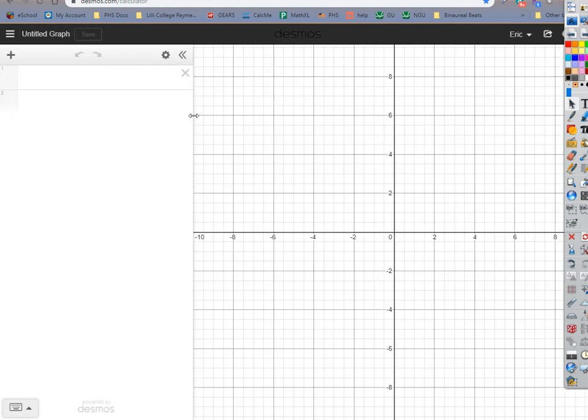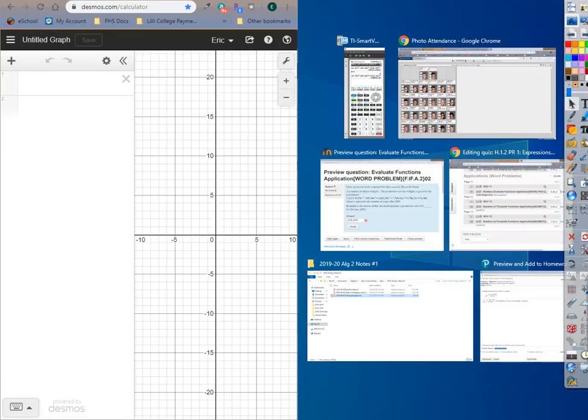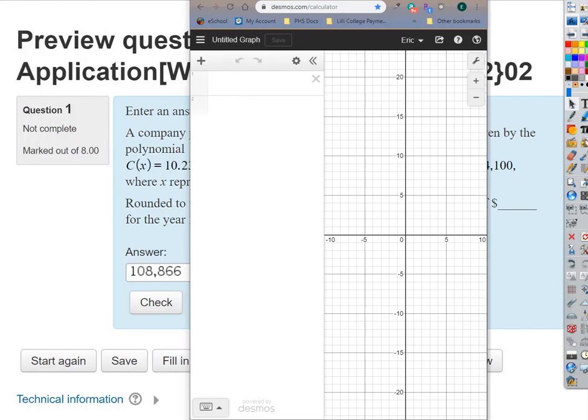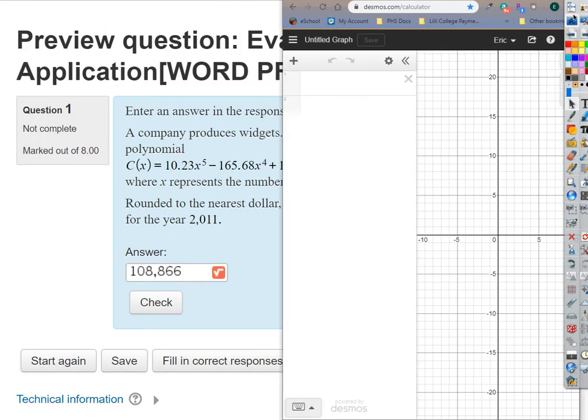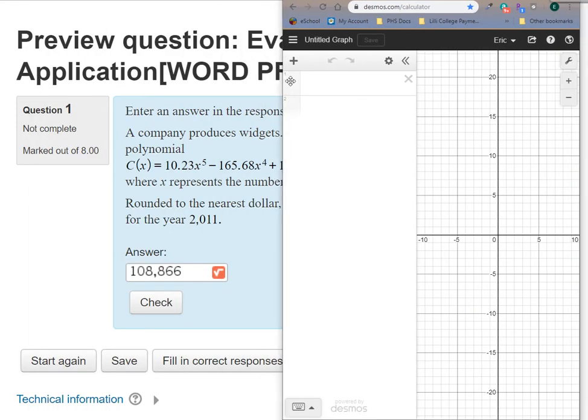Okay, so here's what we do on this one, though. It's a lot easier on Desmos, more intuitive. On Desmos, we're going to define a function. I'm going to call it capital C of x equals, and I'm just going to type in everything exactly like I've got right there. So everybody do this. 10.23 x, and then you just go shift 6, that's the exponent key shortcut, to get up there.